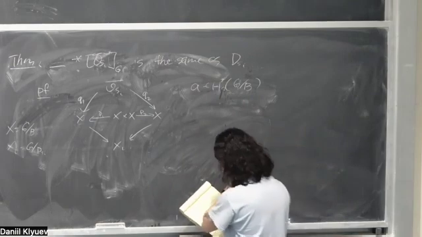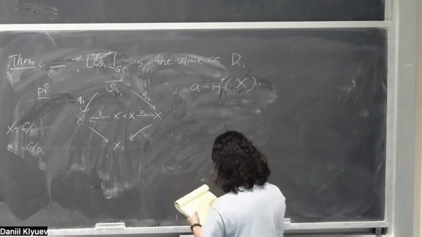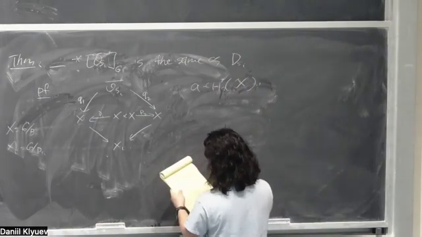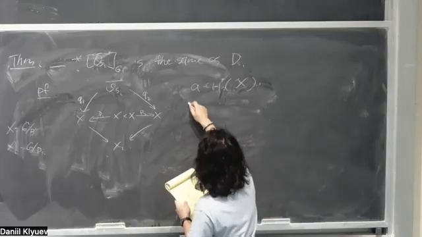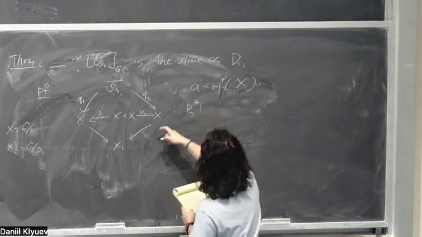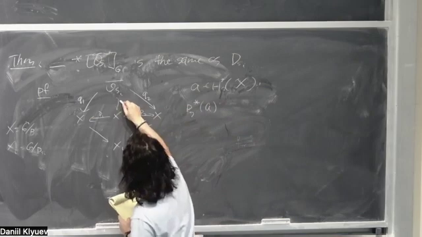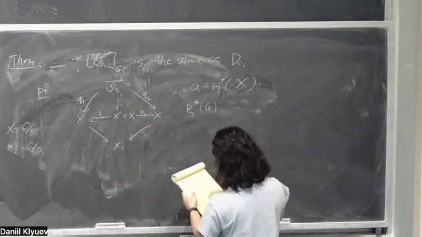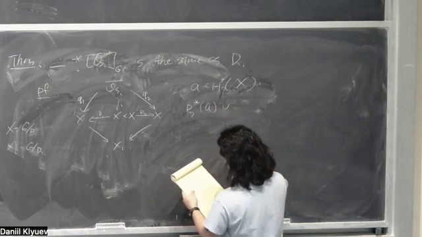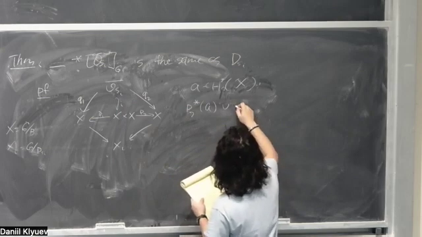And then what is this convolution? I'm just going to take P2 pullback of A, and then, oh, I forgot to write down this, cup product with this fundamental class.